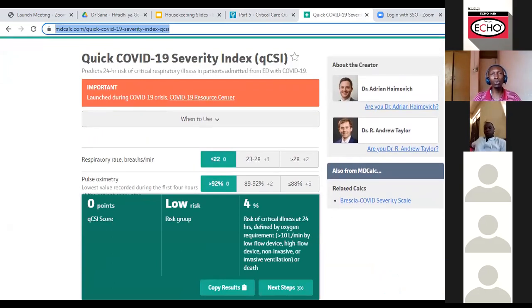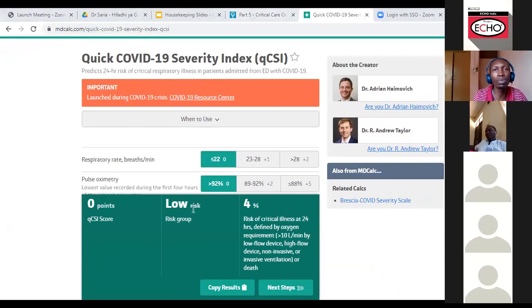Basically, you are trying to identify a COVID-19 patient who is at high risk to deteriorate in terms of respiratory illness within the very first 24 hours of admission. Once you have admitted this patient, in the first 24 hours, you can use this score to see who is at greater risk of deteriorating further, who will need escalation of care or more aggressive management within those first 24 hours.